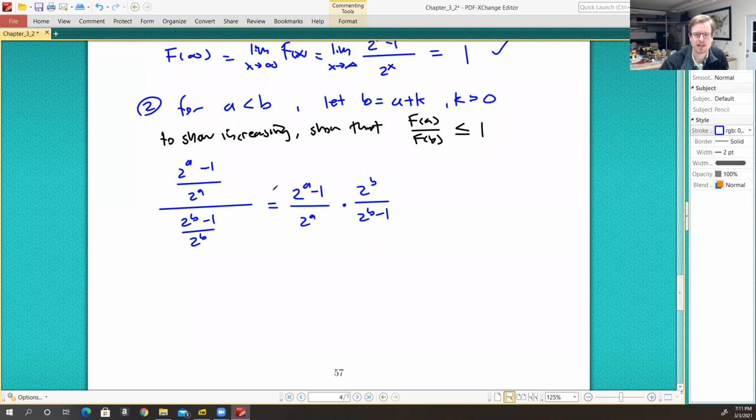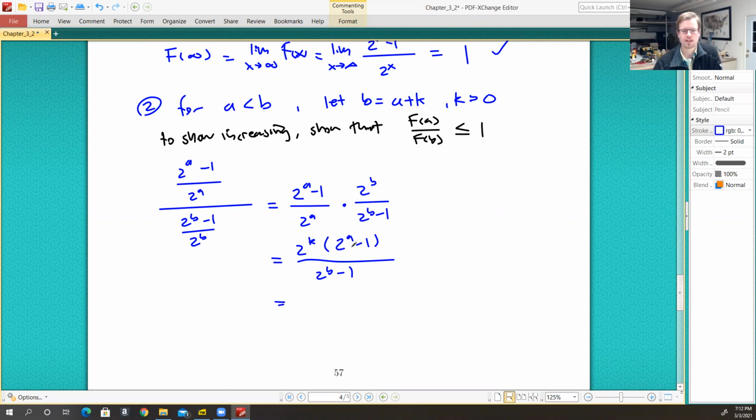And this works out pretty nicely because b is larger than a, and it's larger by k. So this is going to be equal to, these reduce, so we're left with 2 to the k, still have 2 to the a minus 1 divided by 2 to the b minus 1. From here, I can distribute the 2 to the k in.